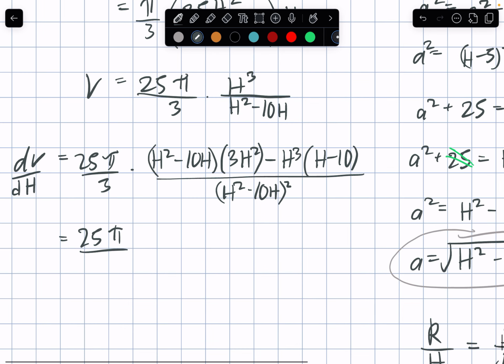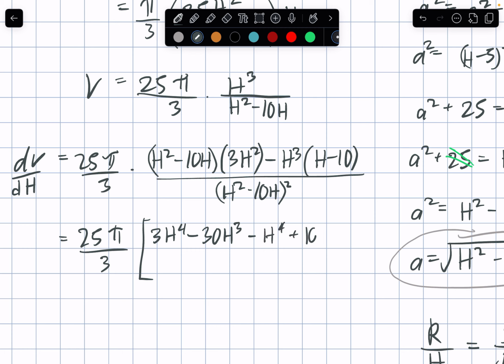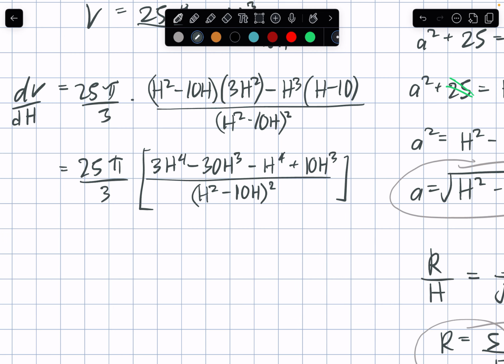25 pi over 3. How do we simplify this? 3h raised to 4 minus 30h raised to 3 minus h raised to 4 plus 10h raised to 3. Okay. Now we equate it to 0.